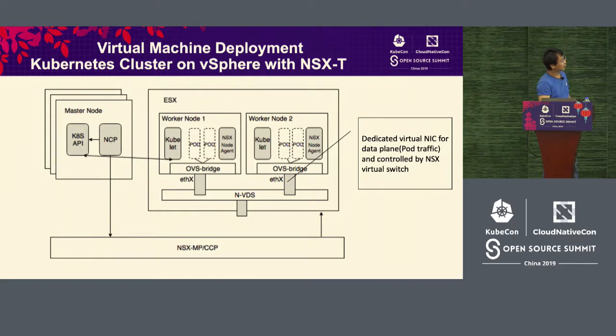In the worker node, you can see the management traffic and the data traffic are separate. All of the pods are connected to OVS, and there is a specific network card connecting the OVS with a VDS.